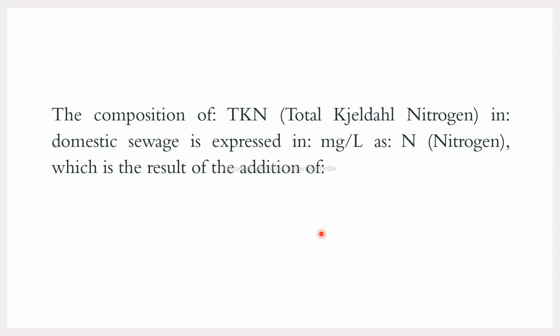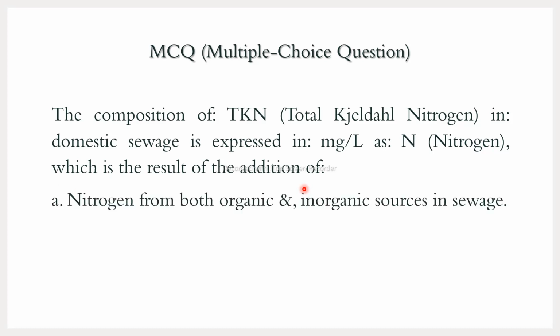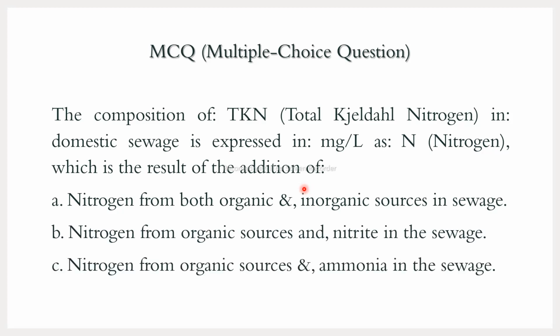So our next MCQ is on the composition of TKN, that is total Kjeldahl nitrogen. K is silent. In domestic sewage it is expressed in milligram per liter as nitrogen. Which of the following is the result of the addition of: option A, nitrogen from both organic and inorganic sources in sewage; option B, nitrogen from organic sources and nitrite in the sewage; option C, nitrogen from organic sources and ammonia in the sewage; and option D, ammonia and nitrite in the sewage.